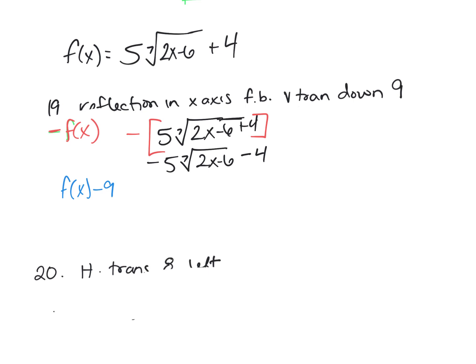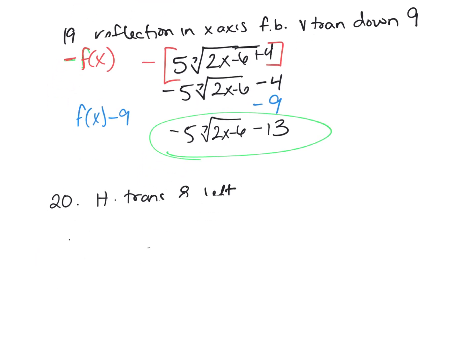Because it goes from positive 4 to negative 4 when you flip it over the x-axis. Then add minus 9. So negative 5, 7th root, 2x minus 6 minus 13. Whether it's 7th root, 5th root, 6th root, the transformations are all the same.